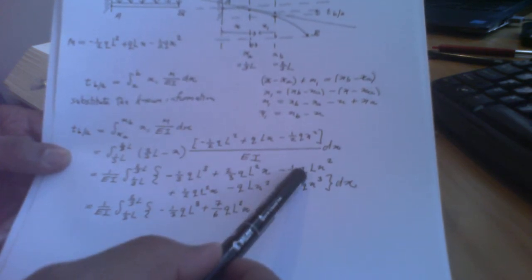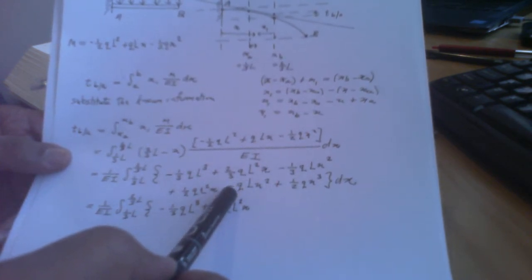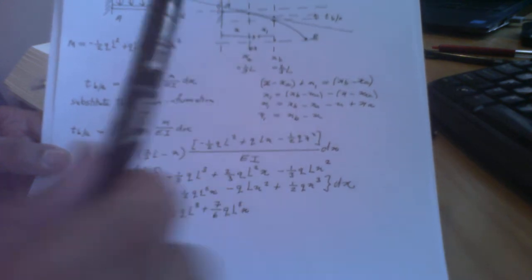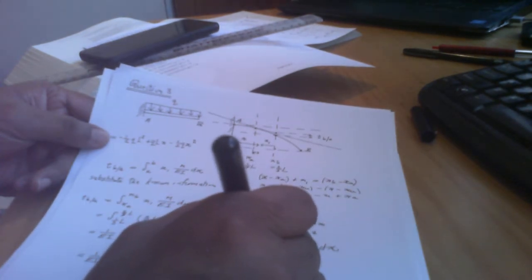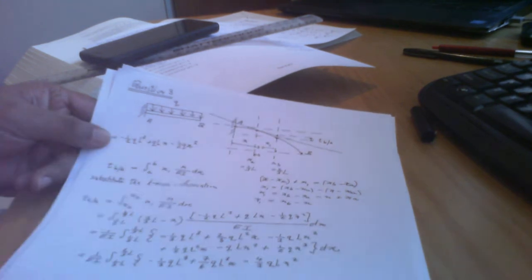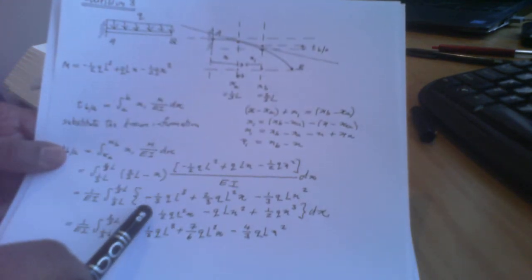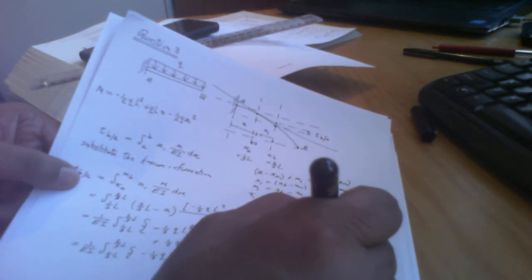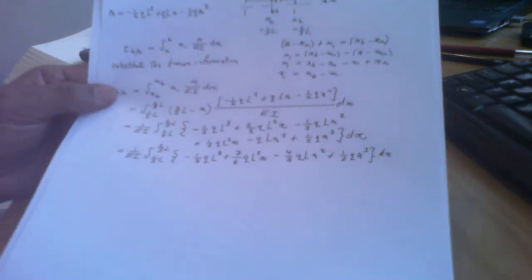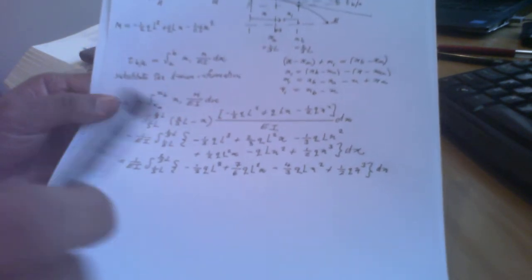We have minus 1/3 and minus 1, which would just be minus 4 over 3. Minus 4 over 3 QLx squared, and we just have a half Qx cubed plus a half Qx cubed. Right, and now we have to integrate that.